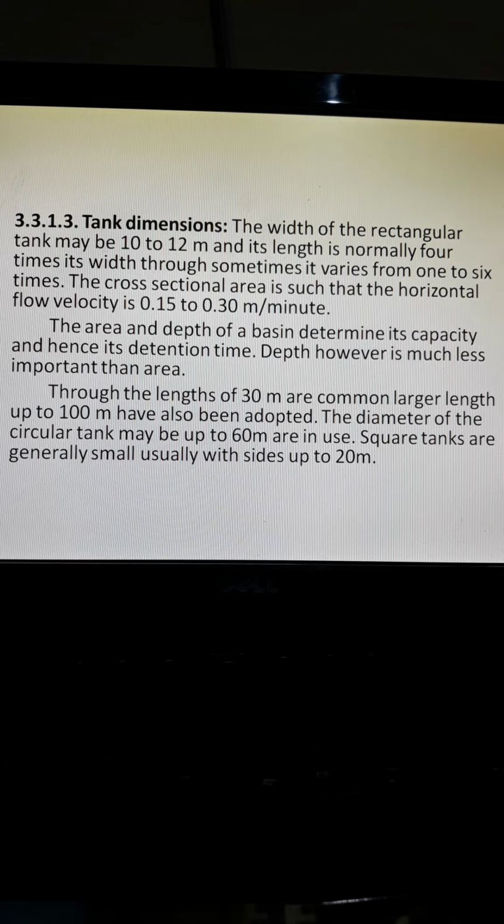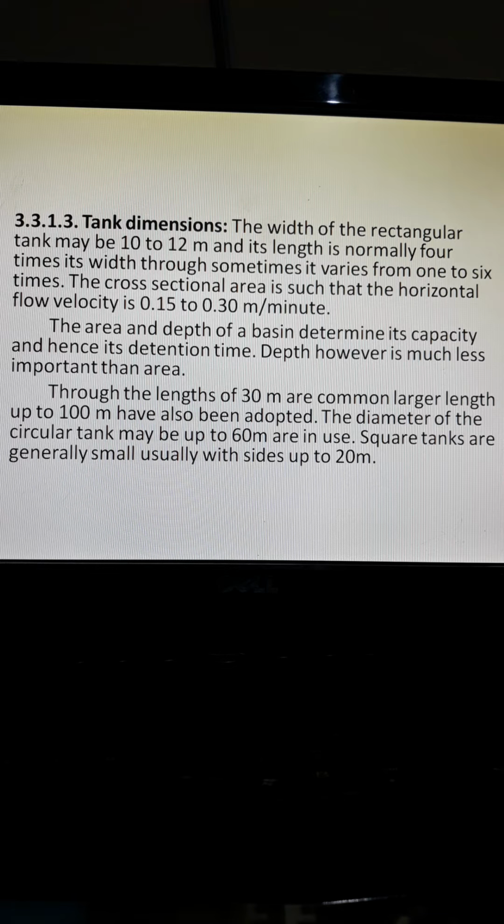The area and then the depth. Area here is the surface area multiplied by the depth of a basin, which determines its capacity and hence the detention time. The depth, however, is much less important than the surface area.